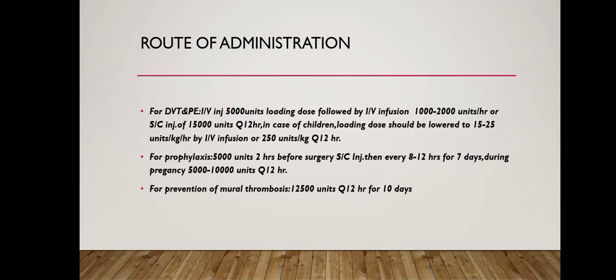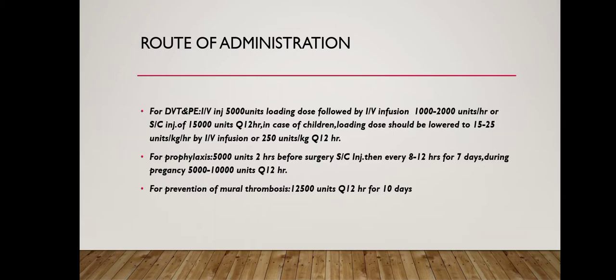Route of administration basically depends particularly upon the indication, why we are giving the heparin. For DVT and PE, the loading dose is followed by IV infusion, and then further doses plus the route of administration are mentioned here.